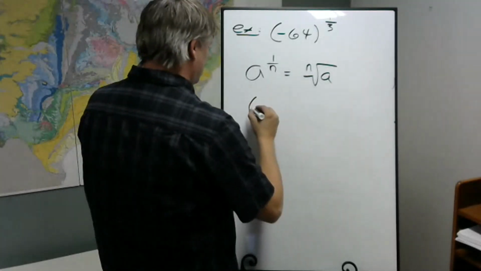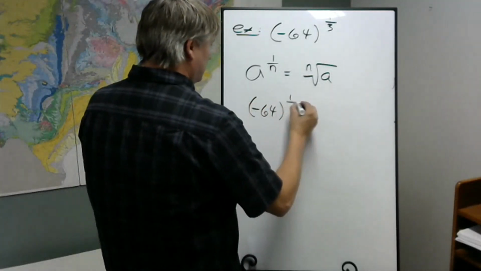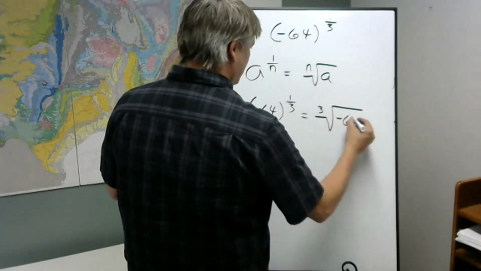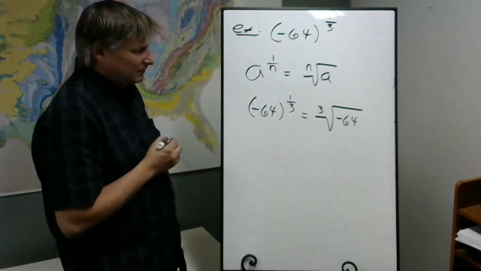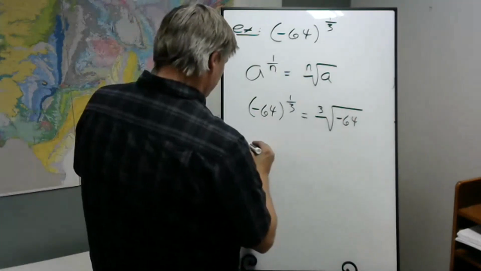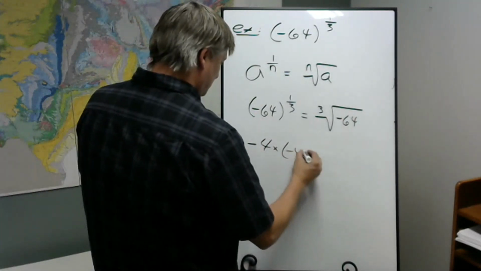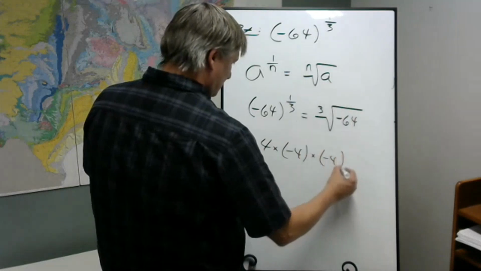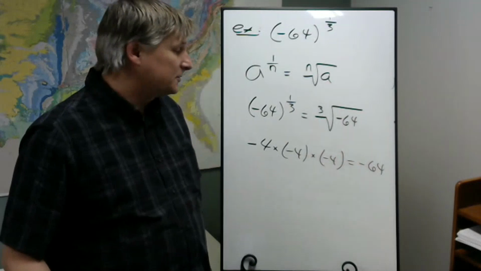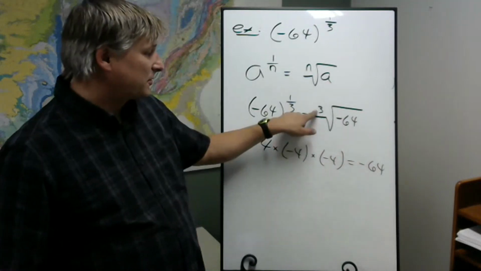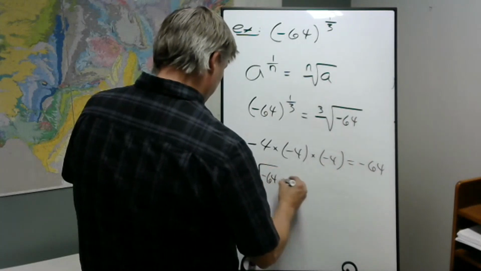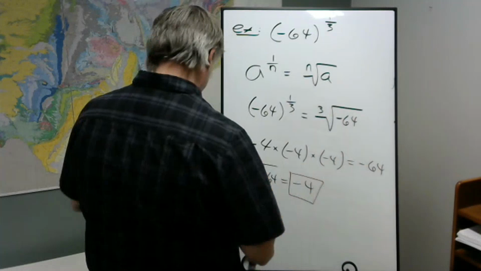So this means negative 64 to the 1/3 is the third root of negative 64. So what's the third root of negative 64? Well, turns out negative 4 times negative 4 times negative 4 gives you negative 64. So the third root is negative 4.